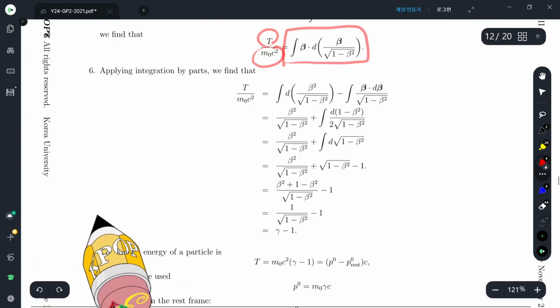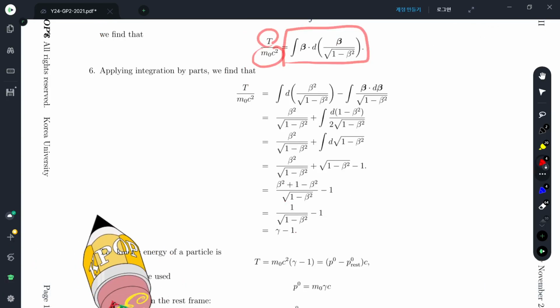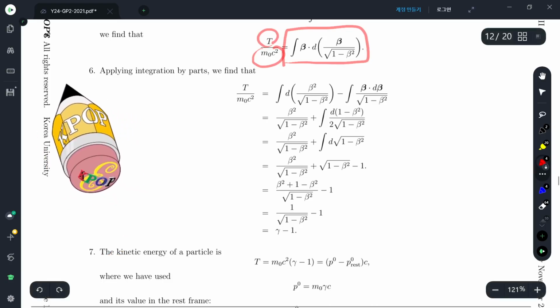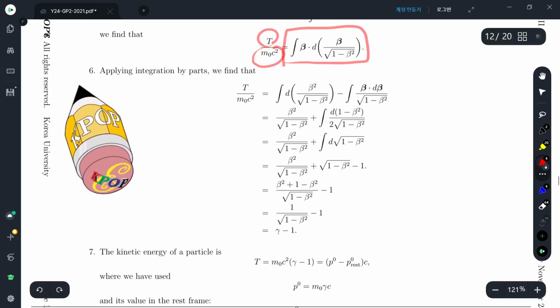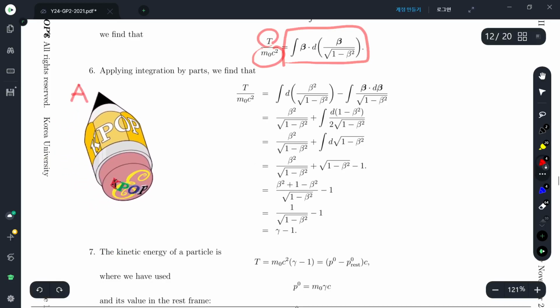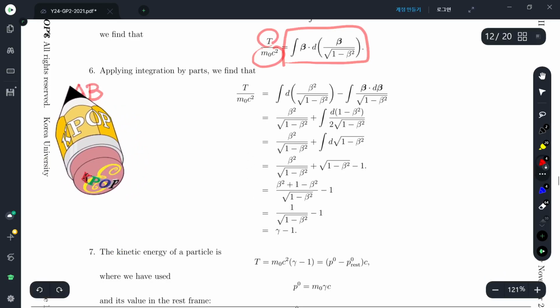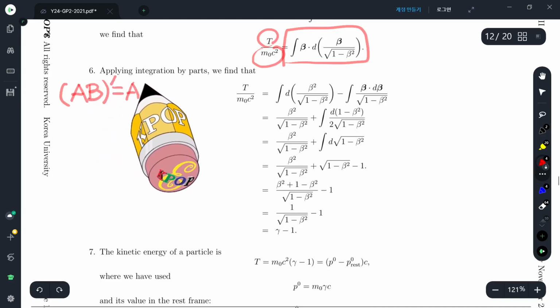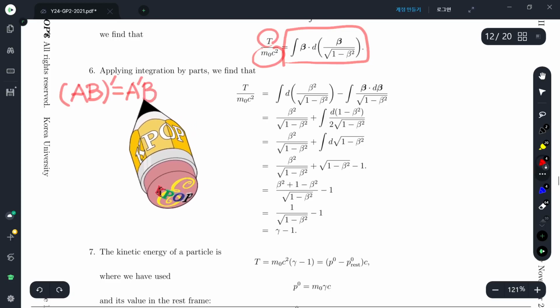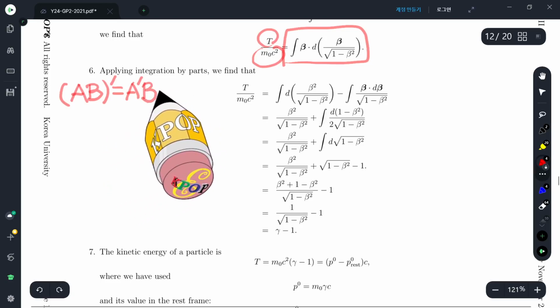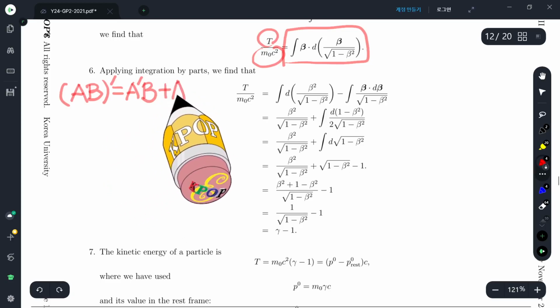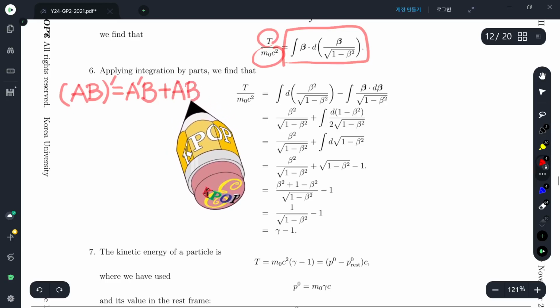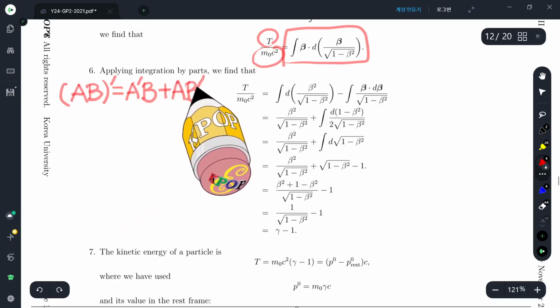At first glance, this integral looks complicated. However, we can make use of this simple relation. Derivative of a product is the derivative of the first factor multiplied by the second factor plus the first factor multiplied by the derivative of the second factor.